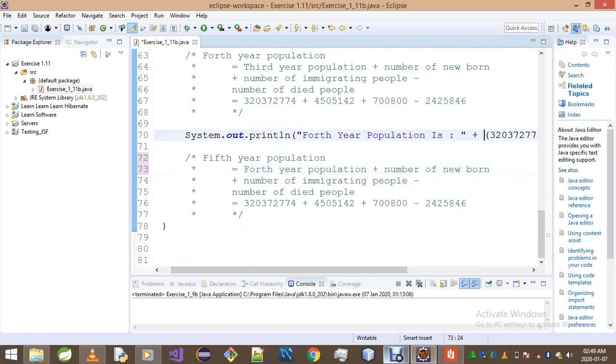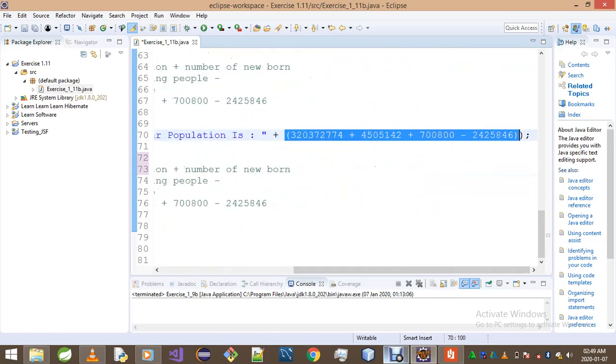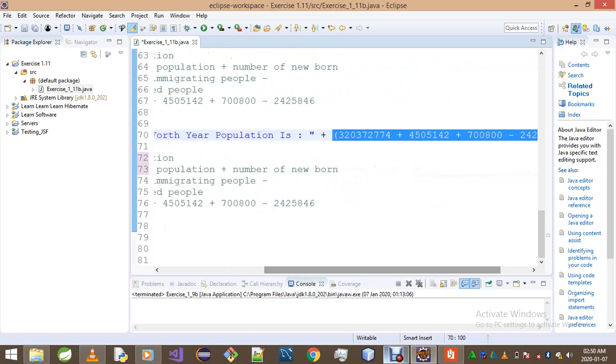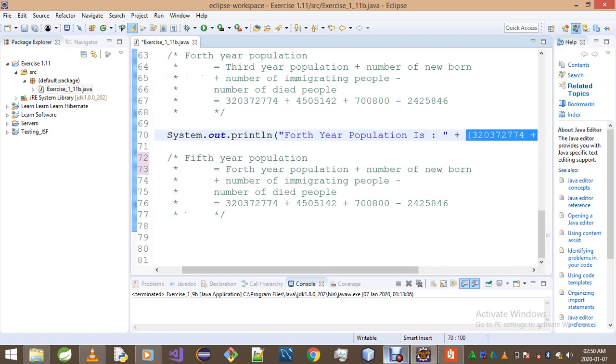But this thing computes to 3231,5285,2870. This is actually the fourth year population.